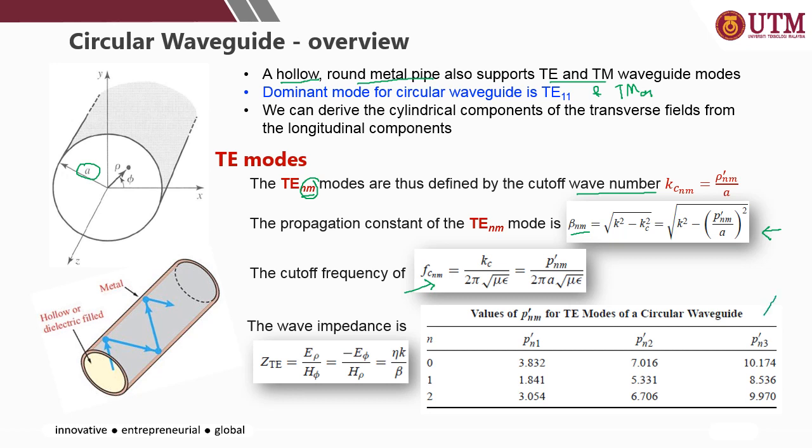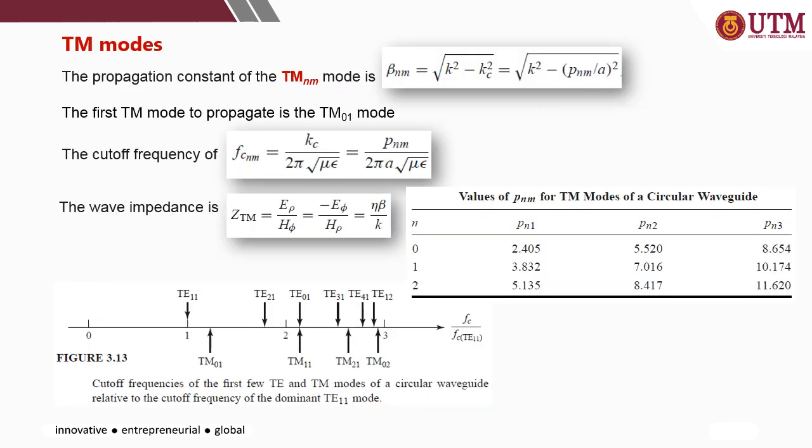The table below represents 3 samples of the rho prime NM values, where N varies while the M mode is presented here. The wave impedance for the TE mode, Z_TE, is equal to the intrinsic impedance times the wave number divided by the propagation constant.